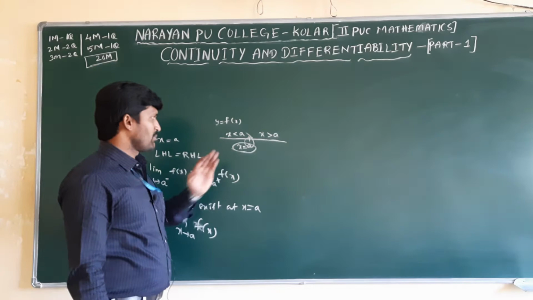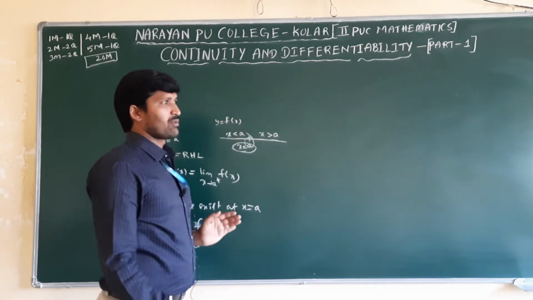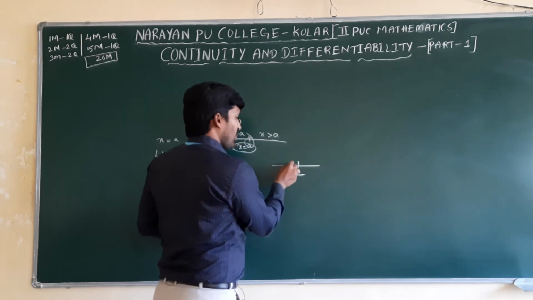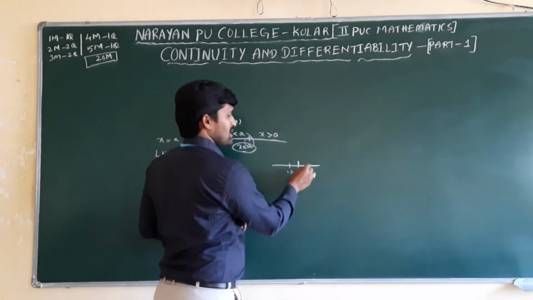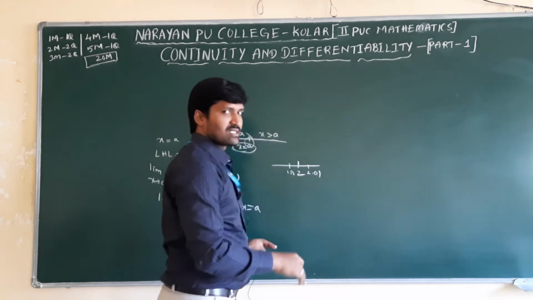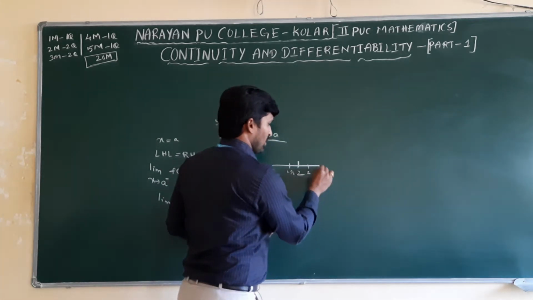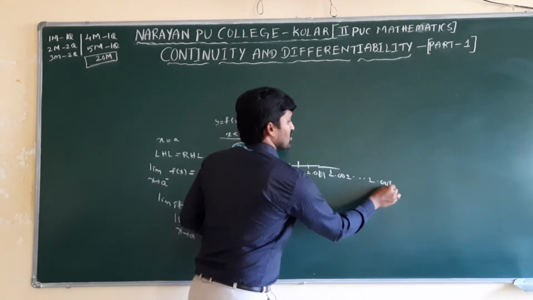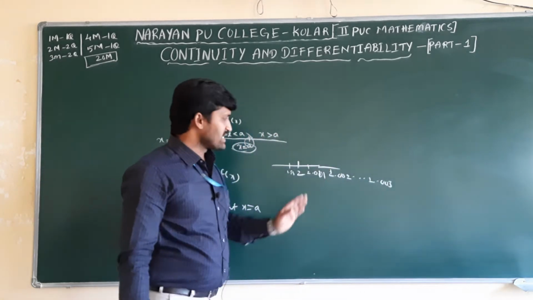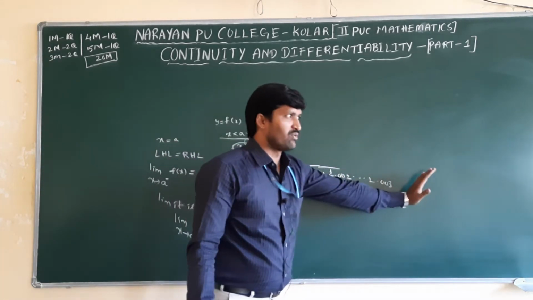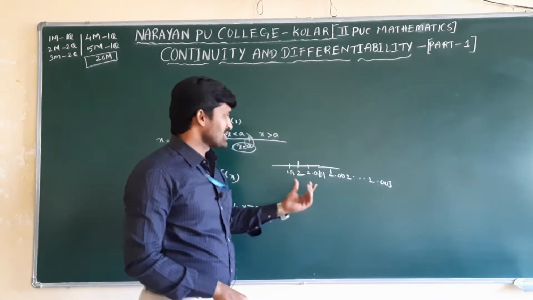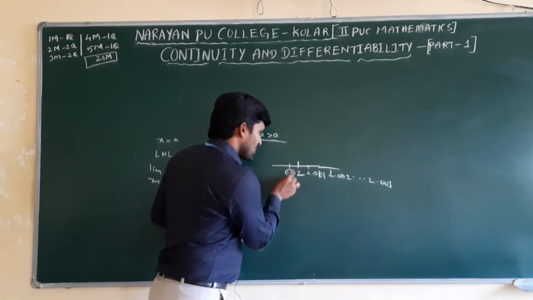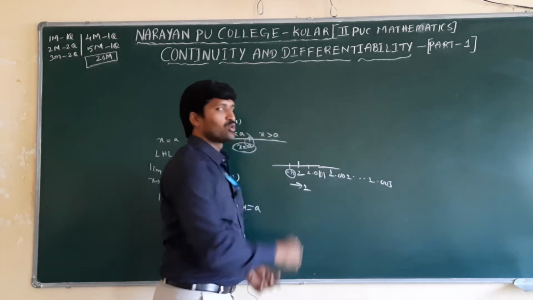Here left side of a means a neighborhood. Neighborhood means near values. For example, if you take 2, the left side values are 1.999 like that. The right side values are 2.001, 2.002, 2.003 and so on. These are the right side neighborhood values, very near to 2 only. Each and every value is tending to 2.